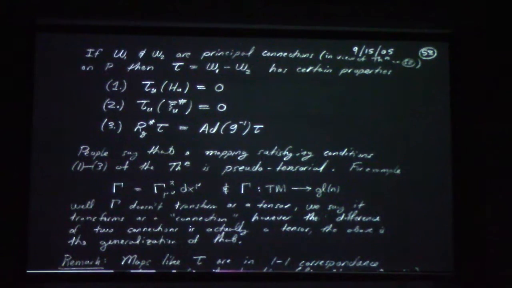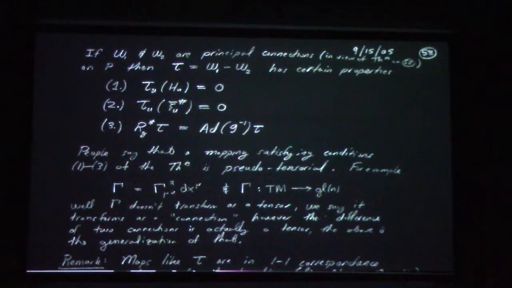So anyway. Okay, anyway, so if we have two principal connections, omega 1 and omega 2, then the difference of them has certain properties, like tau sub u is 0. But look at this. The difference under the pullback of right multiplication by g of tau is actually the adjoint of g inverse of tau. So that's kind of funny.